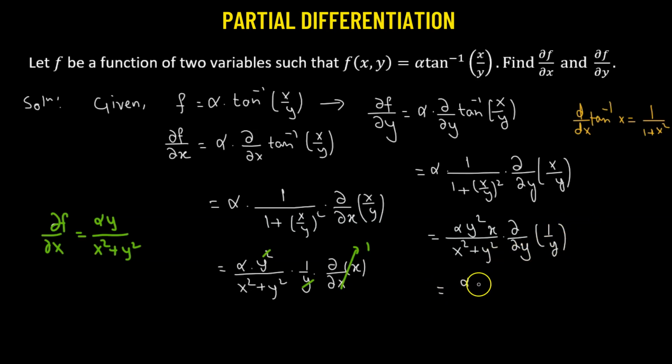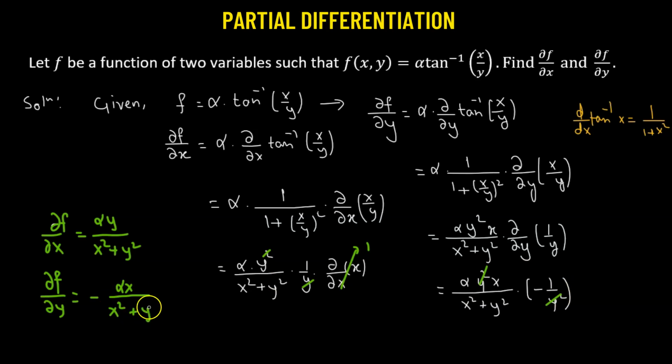So that means we have alpha times y squared multiplied to x divided by x squared plus y squared, and the partial derivative of 1 over y is negative 1 over y squared. So here we have obtained the partial of f with respect to y, which equals negative alpha times, since y squared and y squared cancel out, negative alpha times x divided by x squared plus y squared.